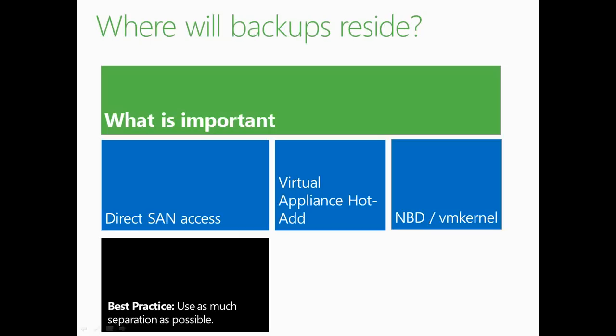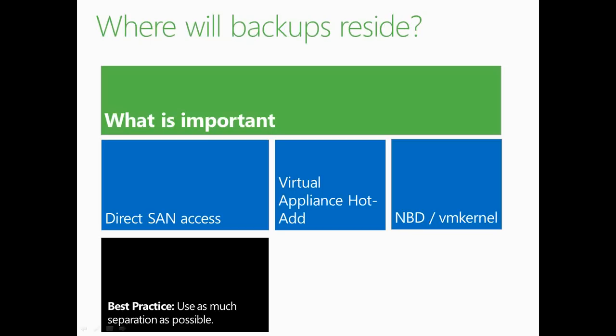So the good thing here is that if enough separation is in place, meaning I've put my Veeam infrastructure, or my backup infrastructure for that matter, separated enough from the production element of my vSphere environment that there's no performance impact, then I can actually do a lot of good things.